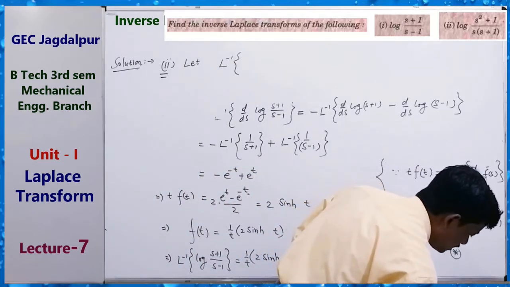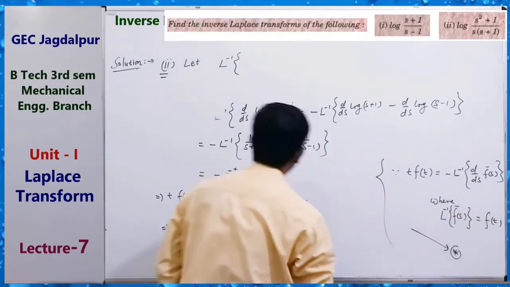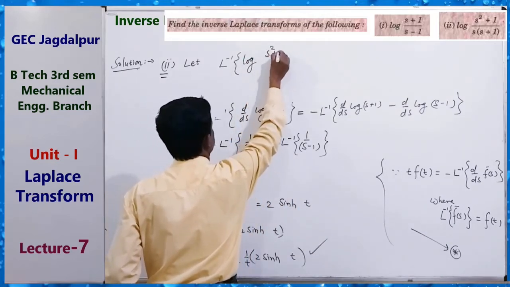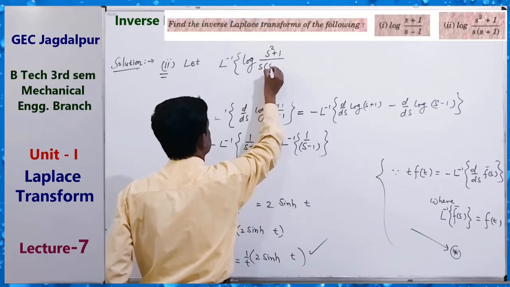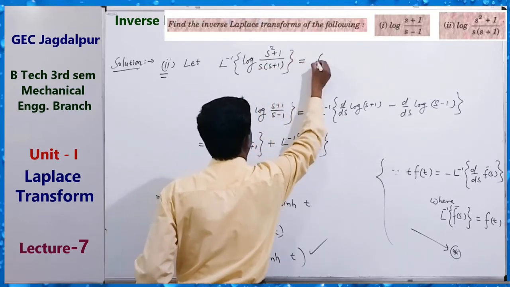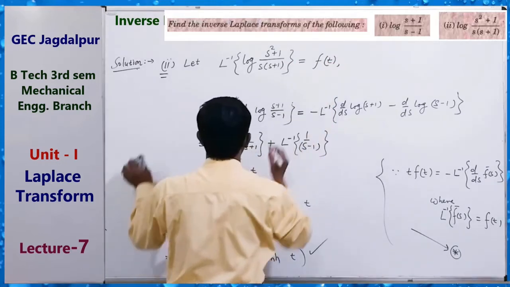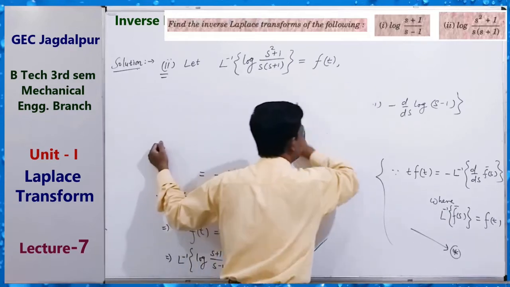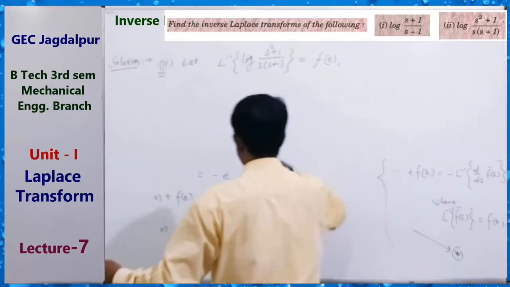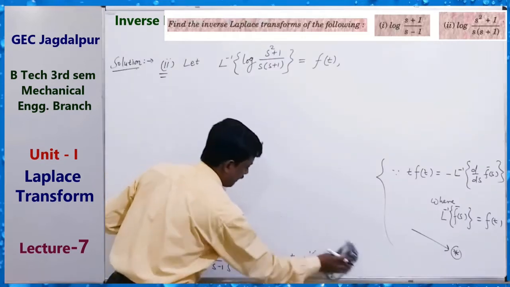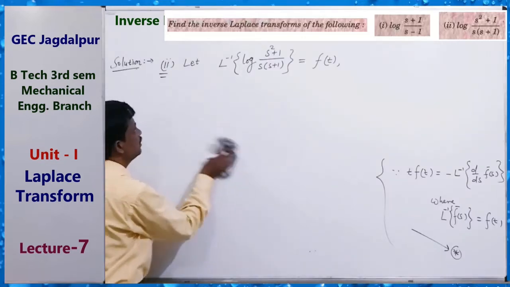Log of (s square plus 1) upon (s plus 1). Also suppose this is equal to f(t), then our target will be finding the value of f(t) by using this formula. Okay, so we can solve it also by using the same method.